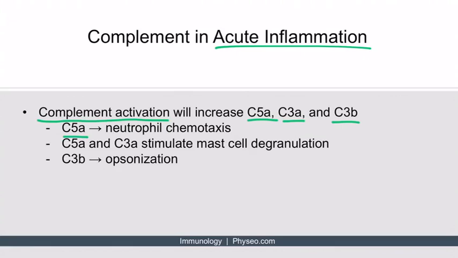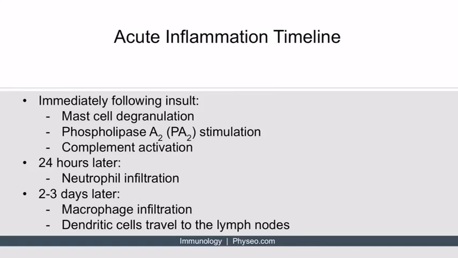C5a will increase neutrophil chemotaxis. C5a and C3a together will stimulate mast cell degranulation, and C3b increases opsonization. Okay, so we've just explained the immediate activities in acute inflammation, including mast cell degranulation, phospholipase A2 stimulation, and complement activation. And we know that 24 hours later, neutrophil infiltration will take place.